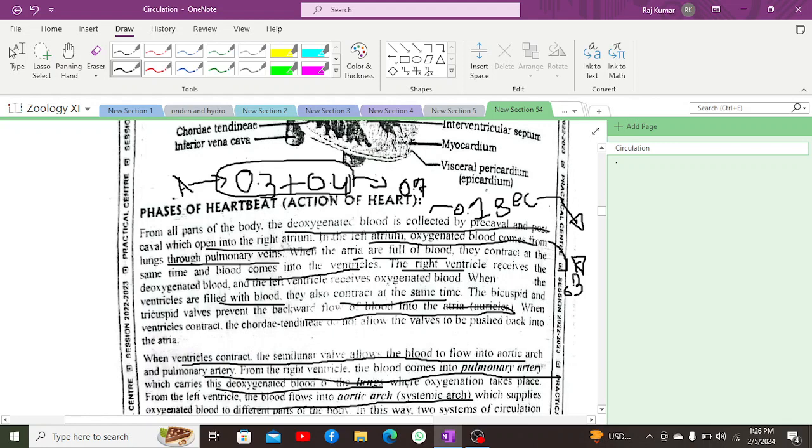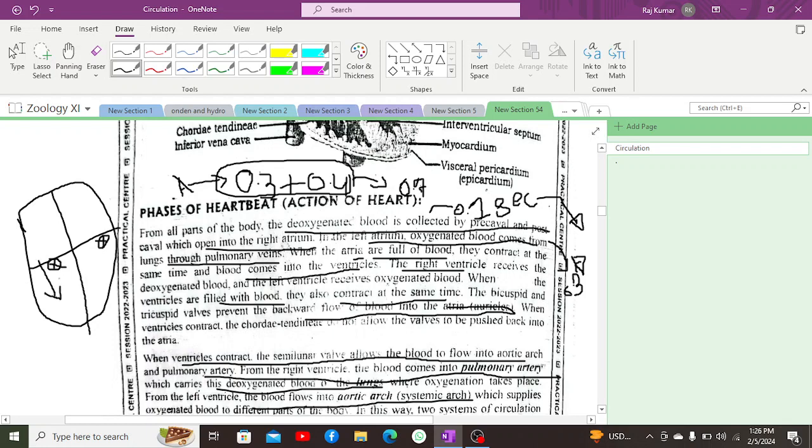And after that, when the blood is transferred, as you can see, let me just try to draw it here. Let's suppose these valves are closed. When the blood is transferred into the ventricles and the valves ultimately close, this will affect the blood coming from this side.